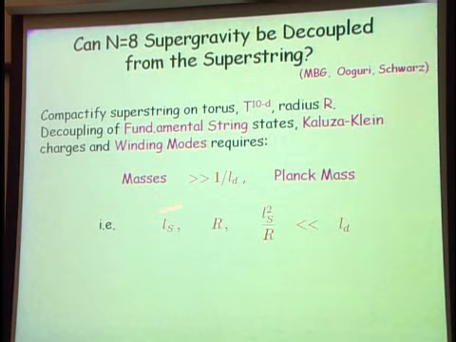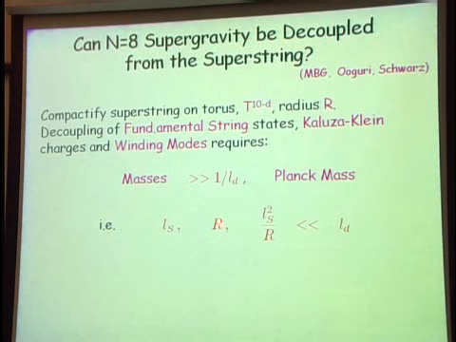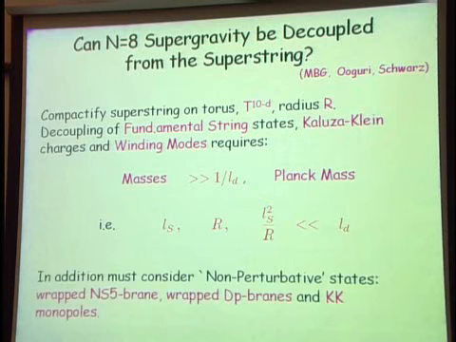And that corresponds to these conditions, that the string distance scale, R is the common radius for all dimensions. I'm talking, for simplicity, about having equal radii on a torus. This would make the Kaluza-Klein modes massive, and this would make the winding modes massive.